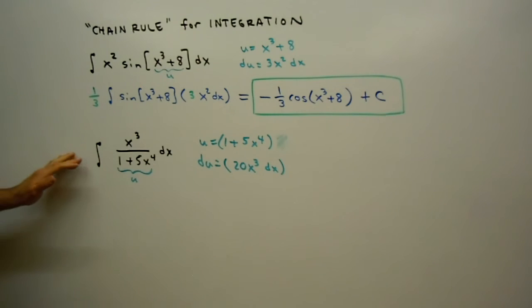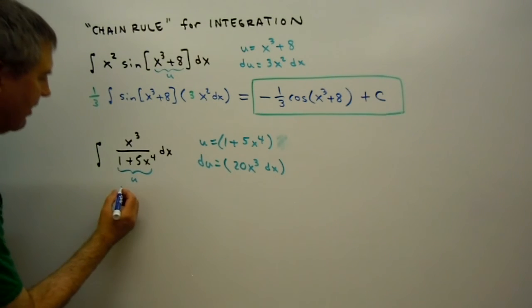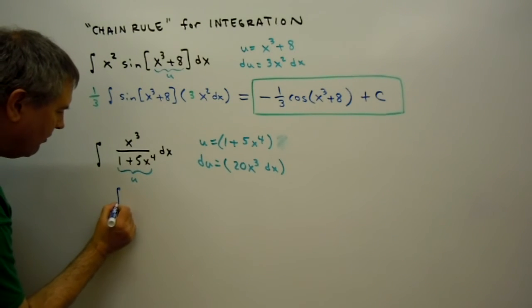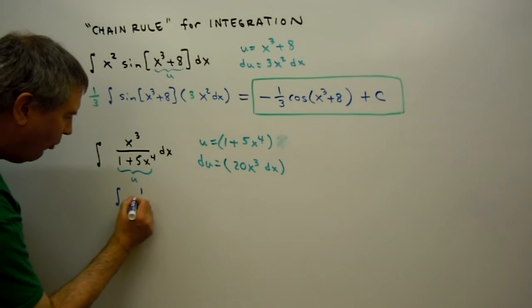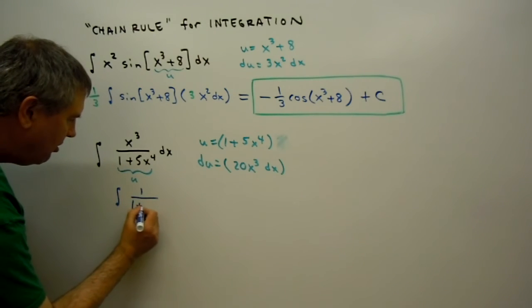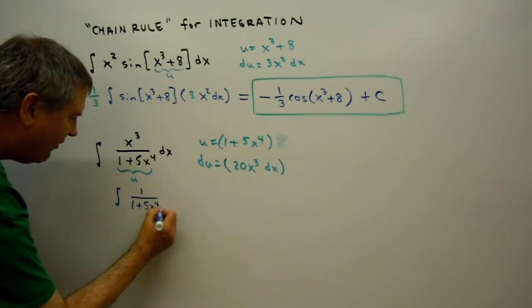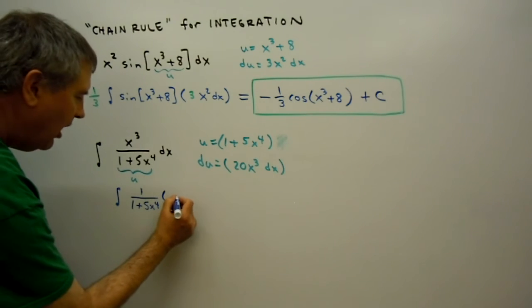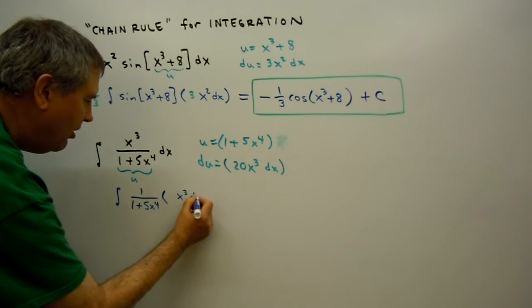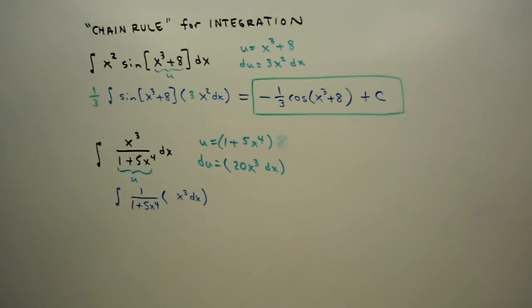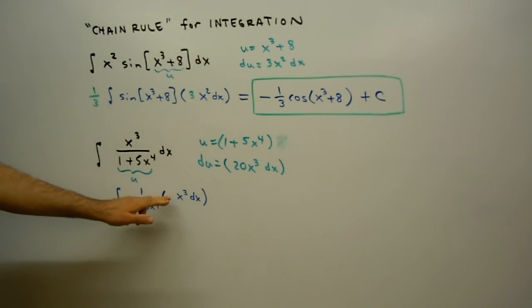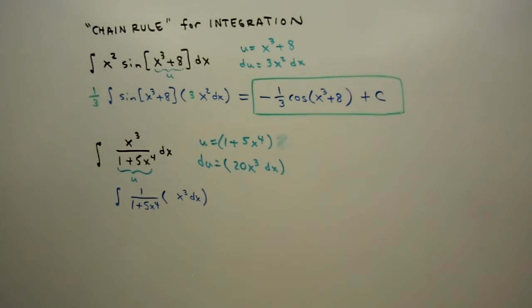So now we're ready to set it up in order to find the integral. Let me go ahead and write that again. We'll write that in a form. So what we have is a 1 over u, 1 over 1 plus 5x to the fourth, times x to the third dx. And I'm going to leave a little space there because we don't quite have the proper du there.